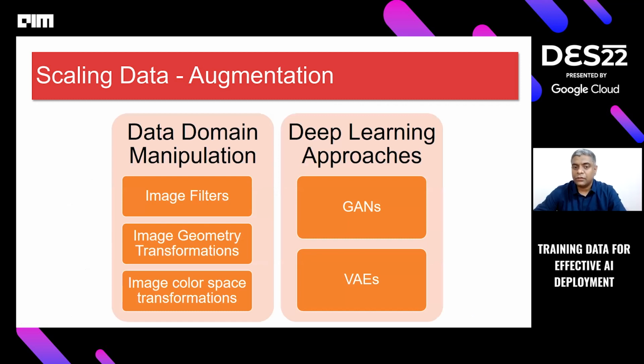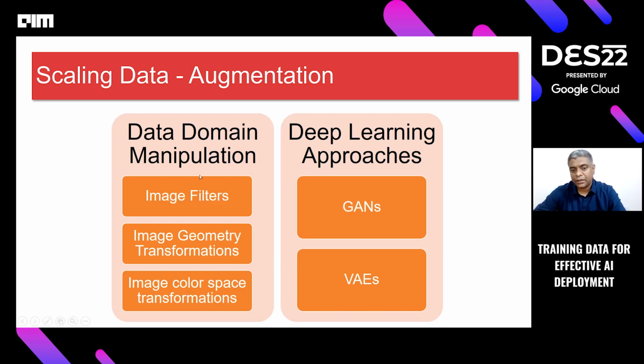Since using publicly available data sets comes with its own risks, another popular approach is to use augmentation. There are two major ways in which data can be augmented to increase the training dataset size. One of them is by using various manipulation techniques that are very specific to the data modality, that is images, audio, or video.